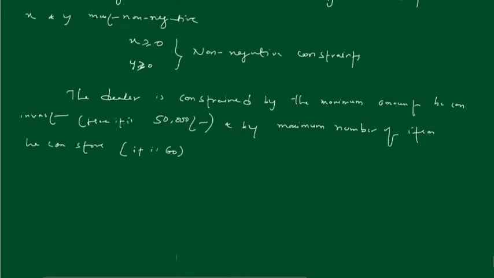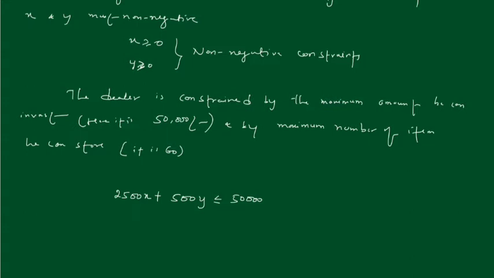So how can we state it? Investment constraint: 2500x plus 500y is less than or equal to 50,000. Investment constraint it is, right?